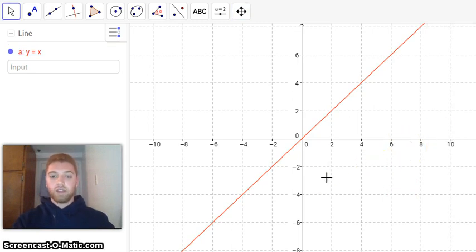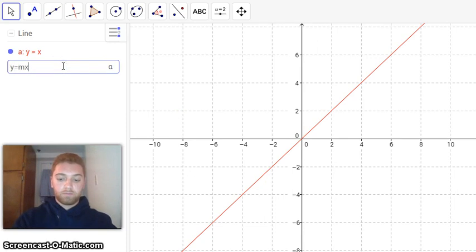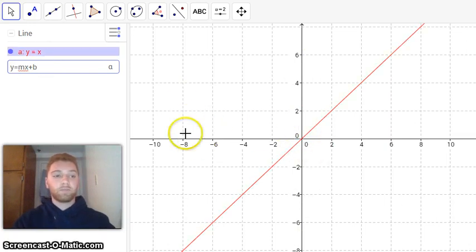This is y equals x, where the original equation is y equals mx plus b. m stands for the slope of the line, so in this equation it is 1, since there's only the x, and b is the constant, which is the y-intercept that makes the graph shift up or down. Now there's no b in here, so the y-intercept is 0.